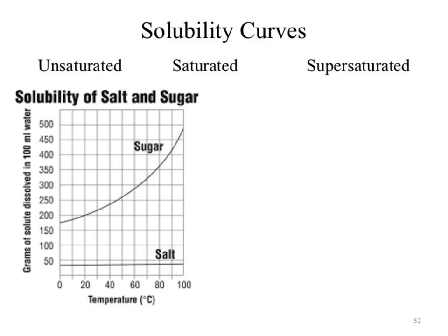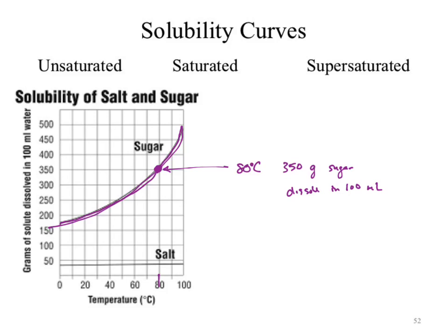And so what we're looking at on this curve, or that line, is the mark for maximum solubility. So if I look at, say, that point right there, what I'm saying is that at 80 degrees Celsius, 350 grams of sugar dissolve in 100 milliliters of water.